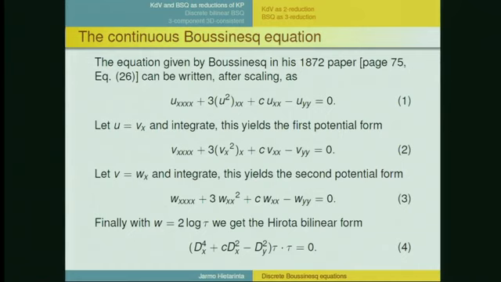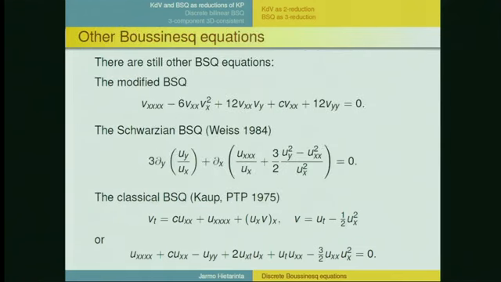So this is the equation, but there are also other kinds of Boussinesq equations you maybe know. The modified Boussinesq equation has some extra terms here, and the Schwarzian one. Then there's a classical equation called the classical Boussinesq equation, like this.